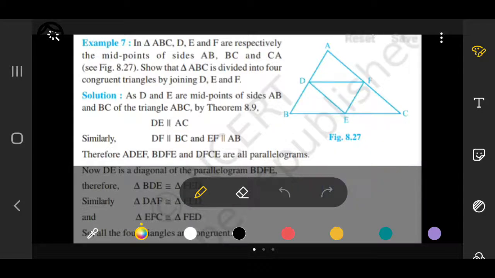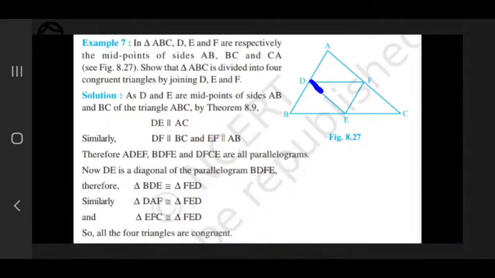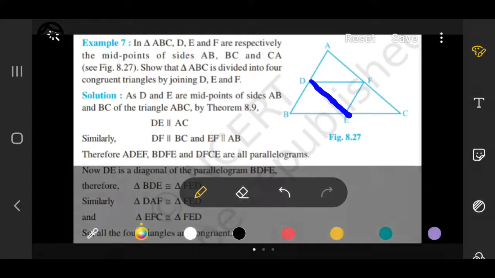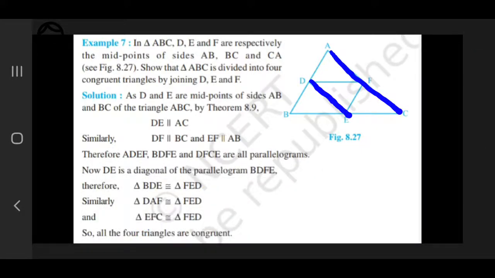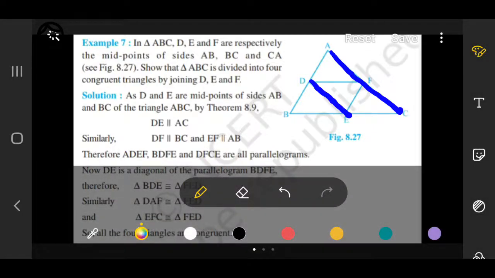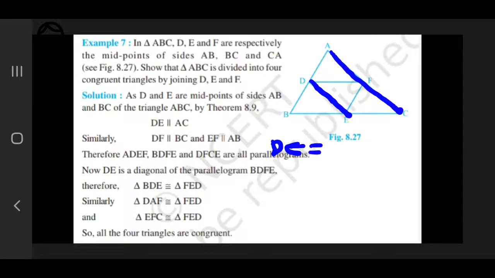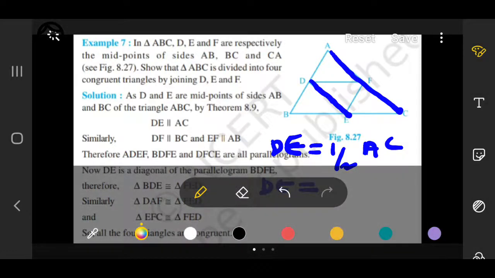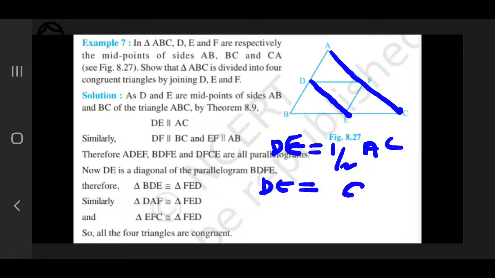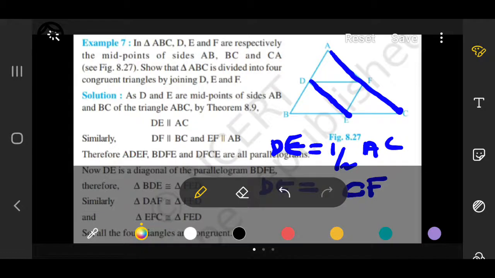Next, to prove the next part. In triangle ABC, DE is parallel to AC. By the midpoint theorem, DE is parallel to AC and DE equal to half of AC. That means DE equals CF, because half of AC is the same as CF since F is the midpoint.